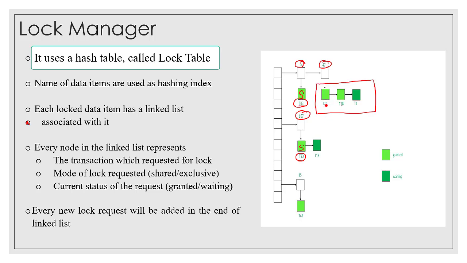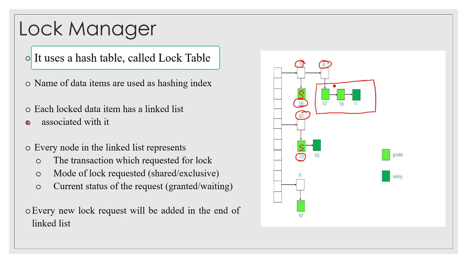So let us concentrate. T27 has been granted the lock on data item 47, as well as T18 has been granted the lock for data item 47. As both of the transactions have been granted locks, it cannot be exclusive. Similarly, it cannot be shared-exclusive or exclusive-shared.